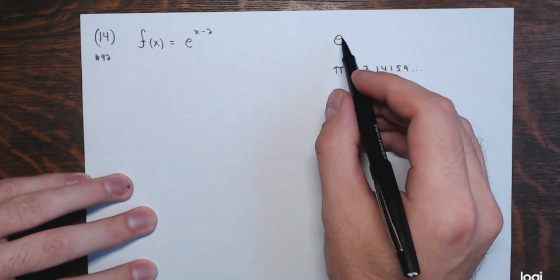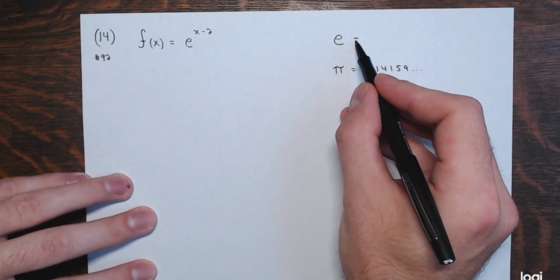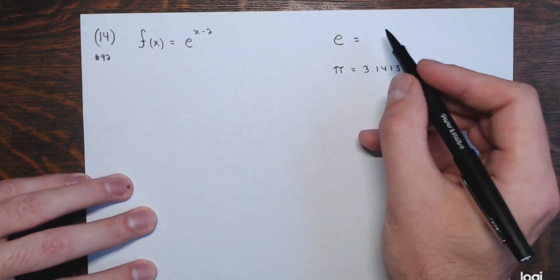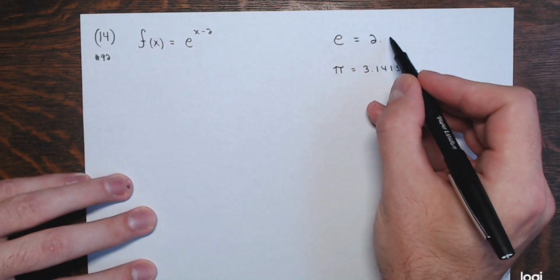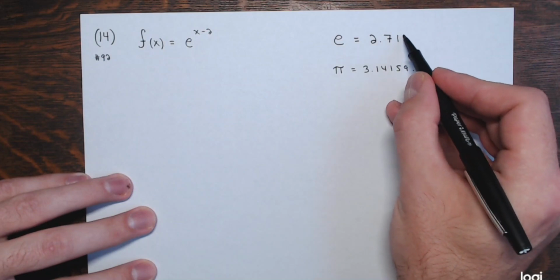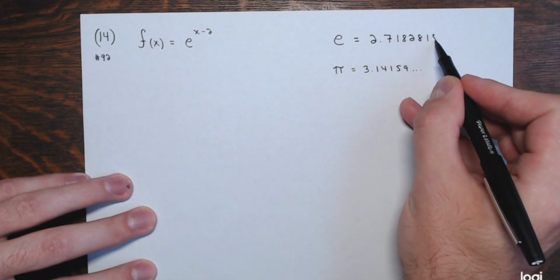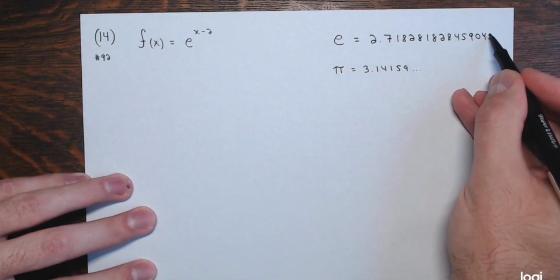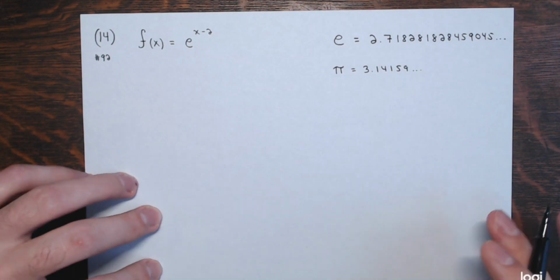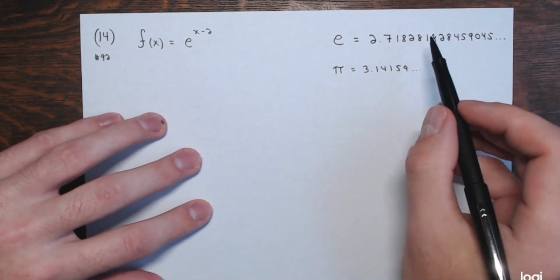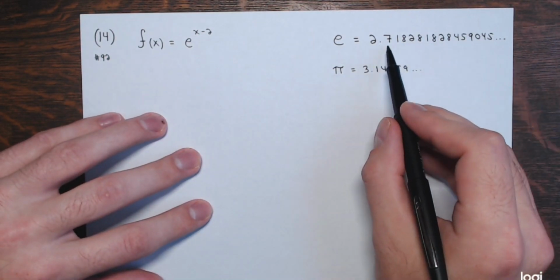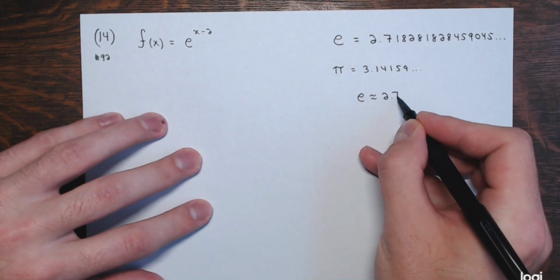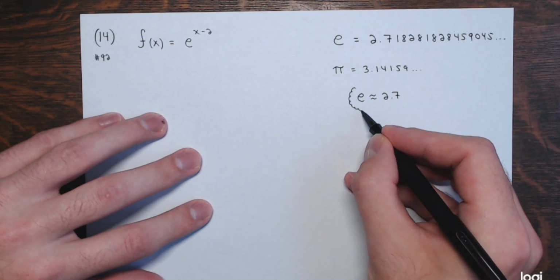e is like that. So I'm just going to tell you the value, the first several decimal places. It's 2.718281828459045. This is how much I remember from our time in school. But as long as you know that e is approximately 2.7, I'm cool with that.